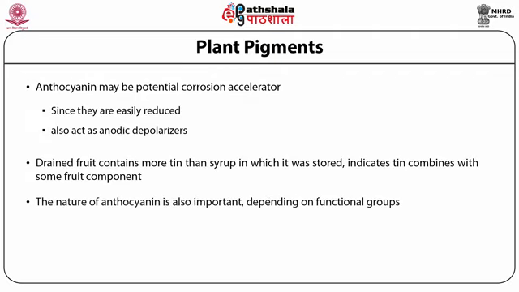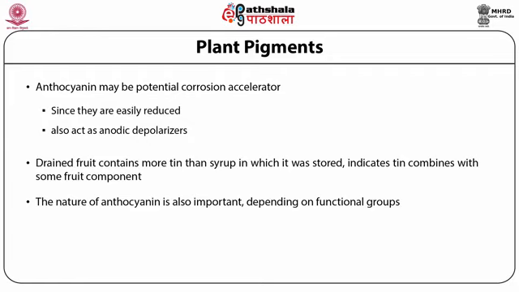The nature of the anthocyanin pigment is also important. For example, raspberries contain cyanidin glucosides, which have orthodihydroxy groups in their structures. It is these groups which are involved in the formation of blue tinted complexes with metals such as tin.